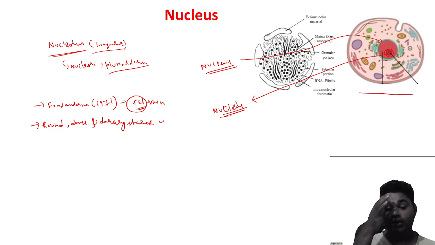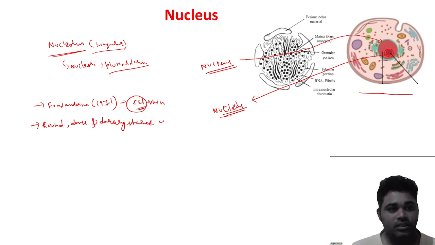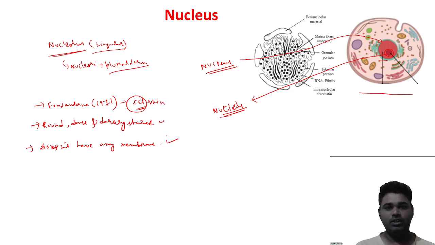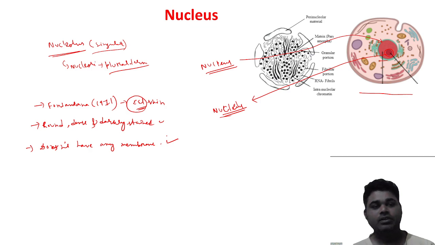Now look at the structure of the nucleolus. Most importantly, it doesn't have any membrane. So the nucleolus is a non-membrane structure. In some organisms the number of nucleolus is 1.